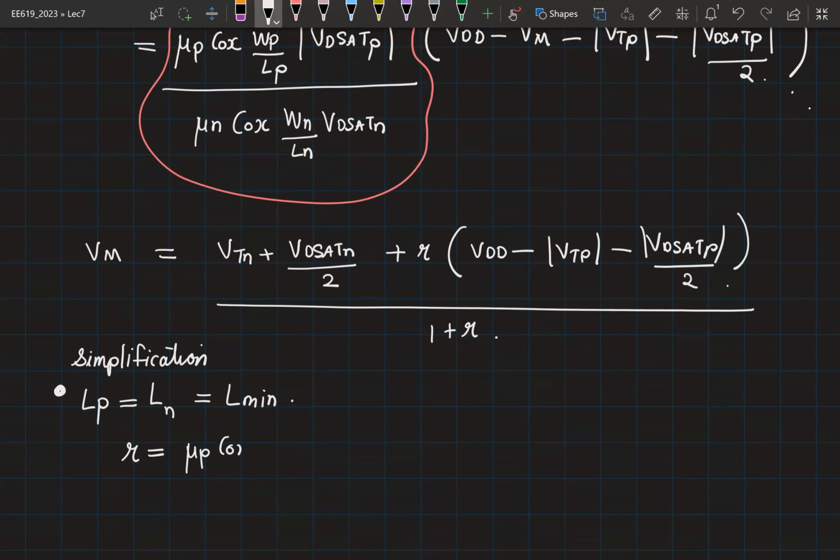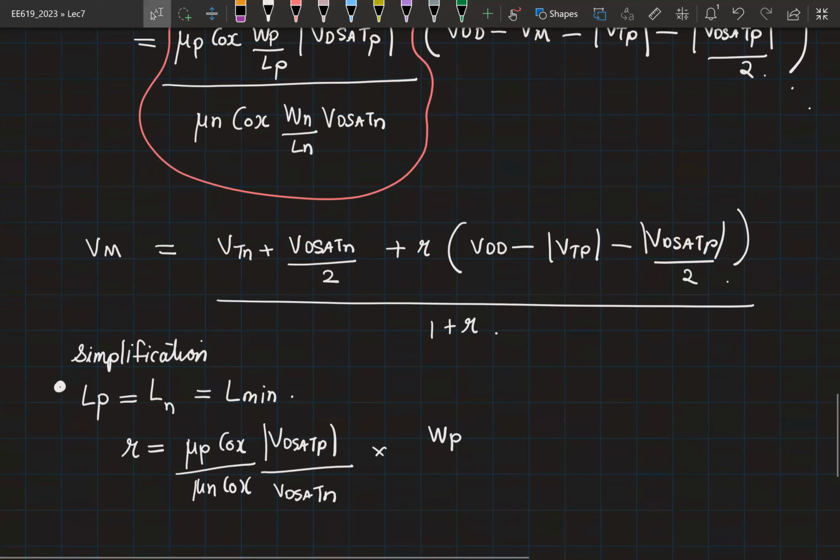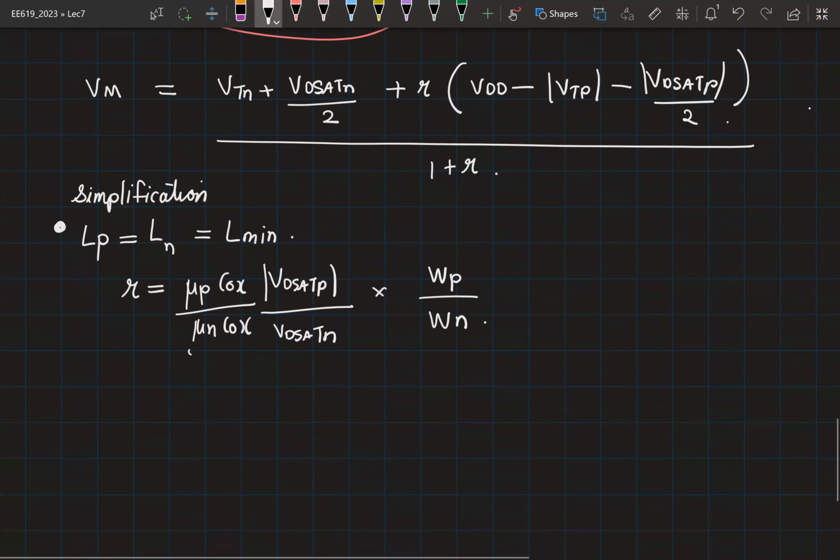This is mu P COX by mu n COX into mod VD sat P by VD sat n into WP by WN, where the initial portions are the technology parameters and WP by WN is the parameter under your control.